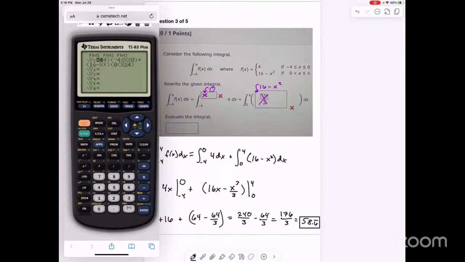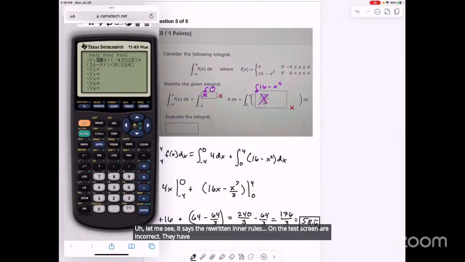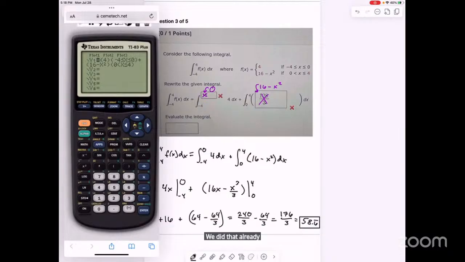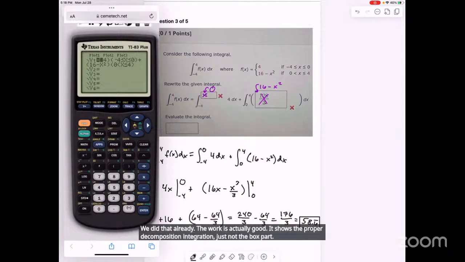Let me see. It says the rewritten integrals on the test screen are incorrect. Oh yeah, we got that. Yeah, we did that already. The work is actually correct. It shows the proper decomposition integration, just not the box part above. Yeah, that's fine. So I'm trying to figure out why this is not showing up properly in my calculator.